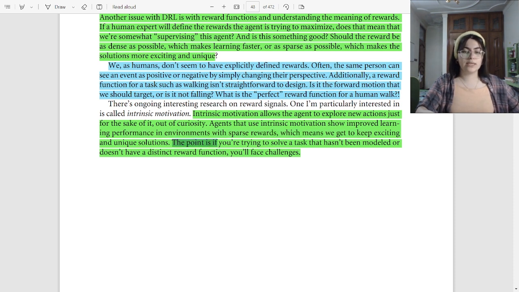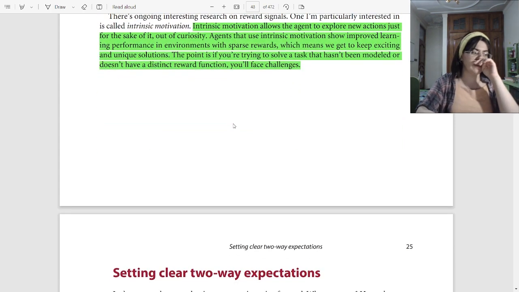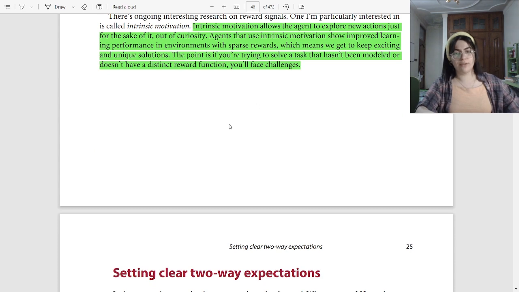The point is, if you're trying to solve a task that hasn't been modeled or doesn't have a distinct reward function, you'll face challenges. For these unique solutions, you can refer to this OpenAI paper, Hide and Seek, which shows agents going beyond humans.